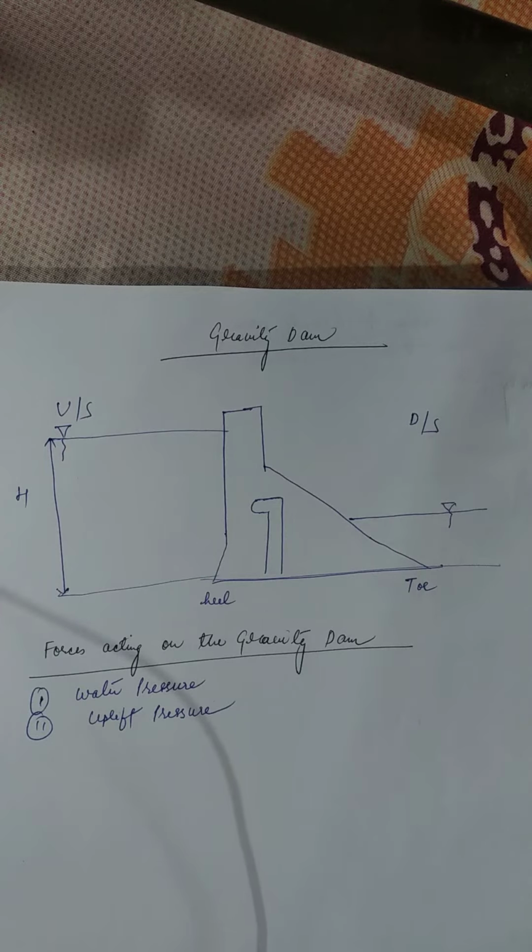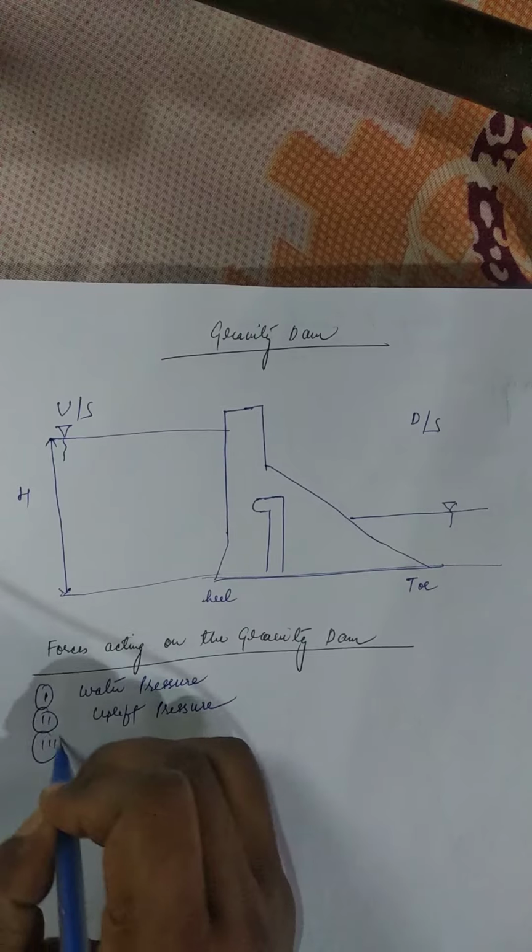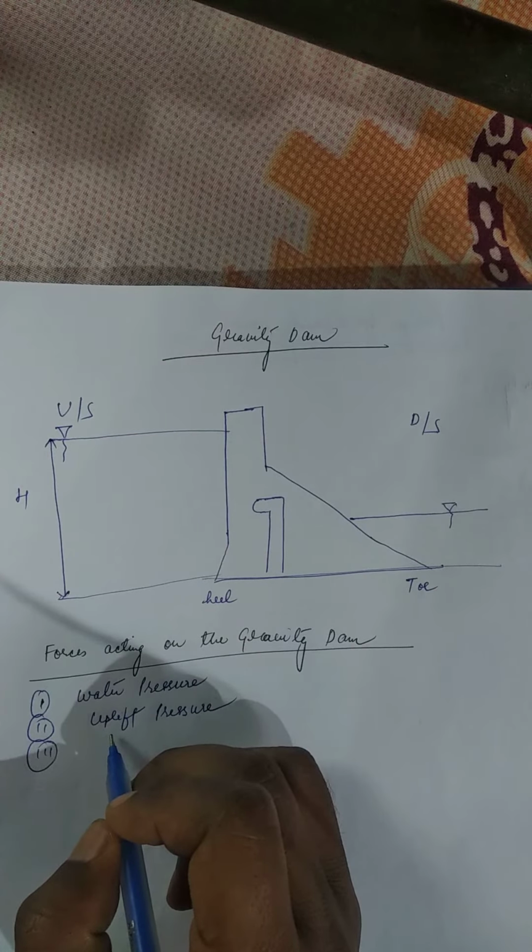Some pores may exist in the soil, also in the foundation materials. Therefore, water exists in those pores and acts in the upward direction. So this is called the uplift pressure. Third one is the pressure due to the earthquake forces.